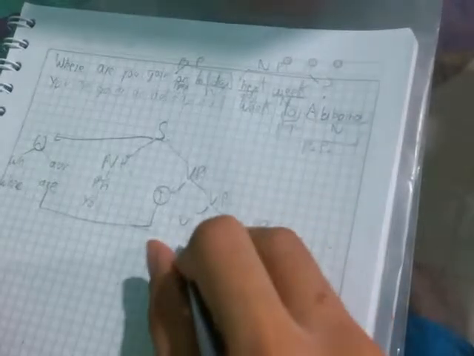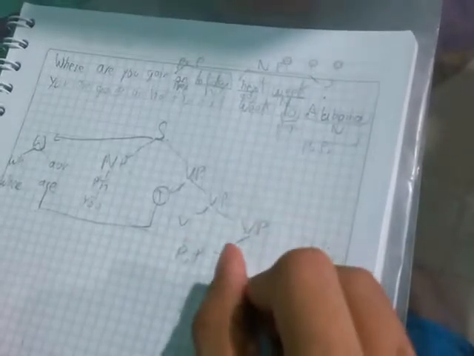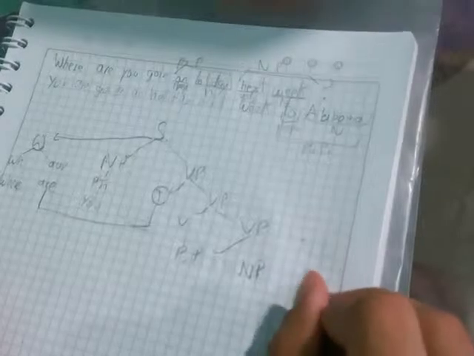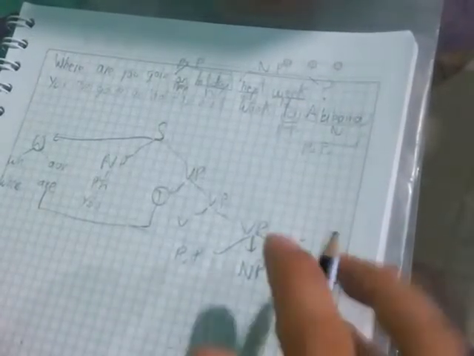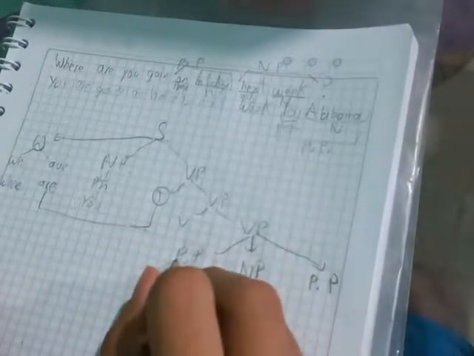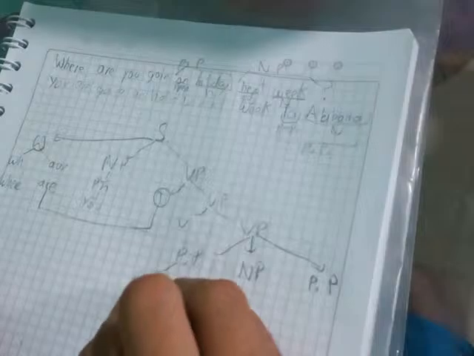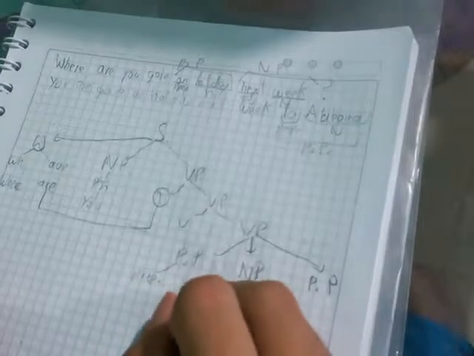We have here the prepositional phrase, the noun phrase, and the prepositional phrase again. This prepositional phrase is the first one, that is the preposition and the noun.